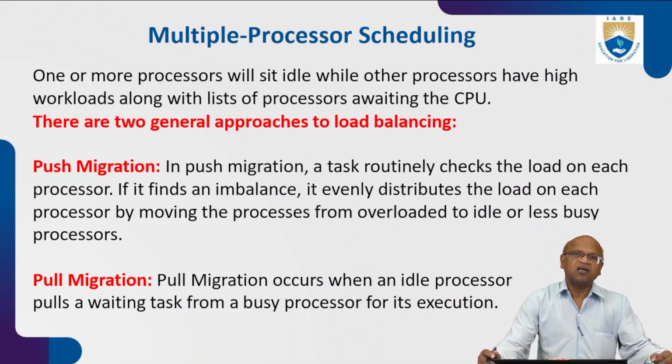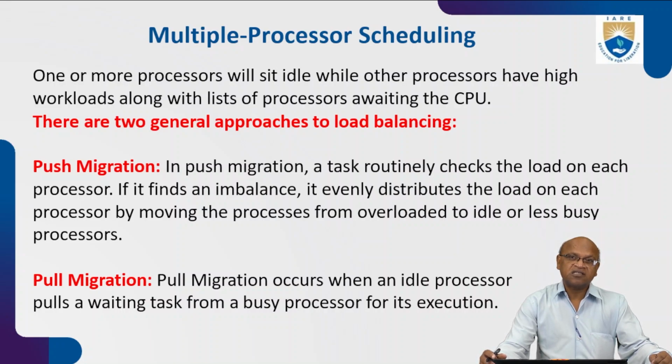There are two general approaches to load balancing: push migration and pull migration. In push migration, a task routinely checks the load on each processor. If it finds an imbalance, it distributes the load by moving processes from an overloaded processor to an idle or less busy processor, as we discussed.